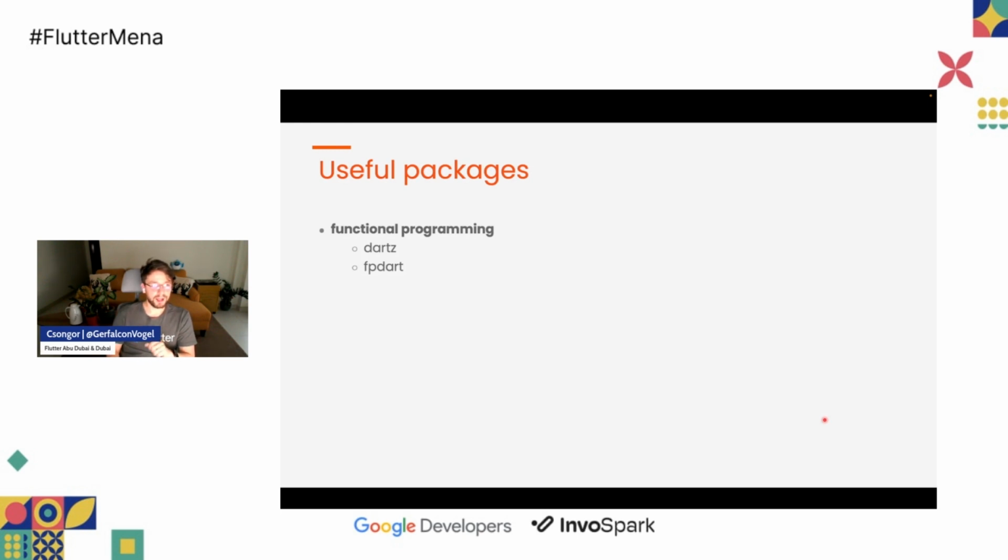And if someone is more interested in supporting immutability, then I heavily recommend fast_immutable_collections, kt_dart, built_collection, equatable, and freezed. All of these packages support many language capabilities to ensure immutability.